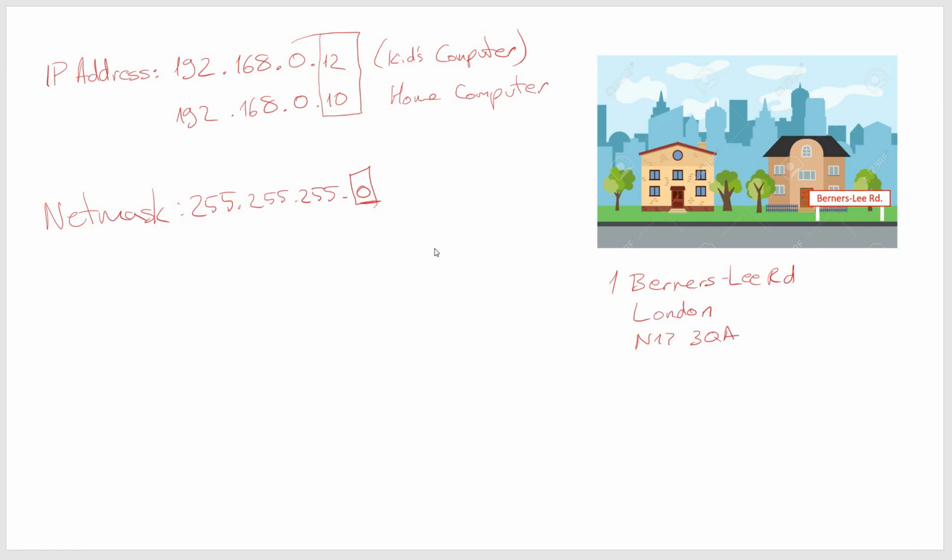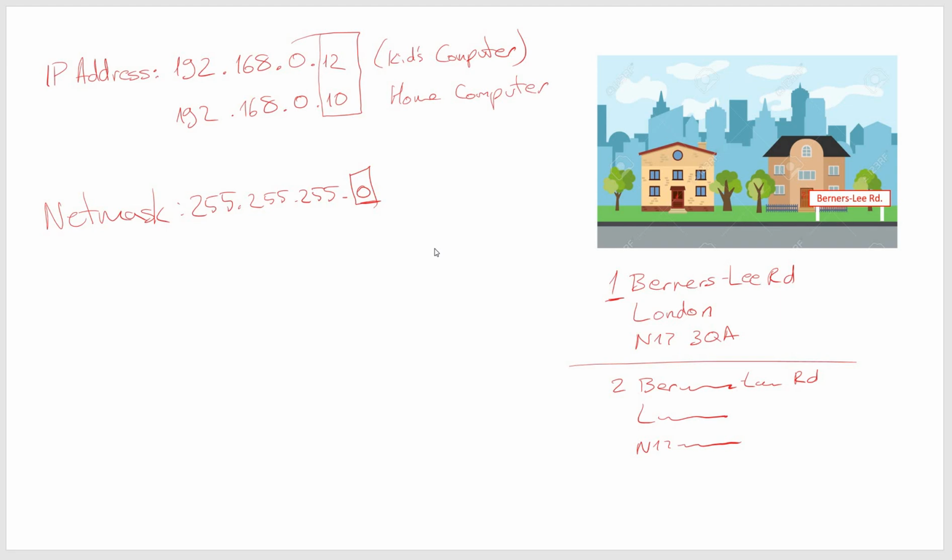Now, if you write the address for the second house, most of this is going to repeat itself except for the number on the door. So that will be 2 Berners-Lee Road, London, and then N17 3QA. I'm just writing it quickly like this so we don't waste time.